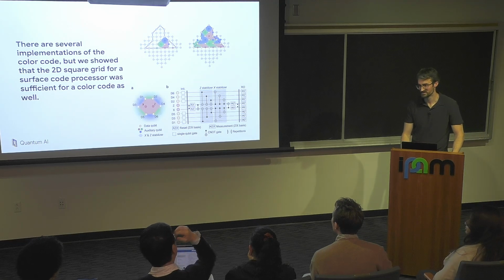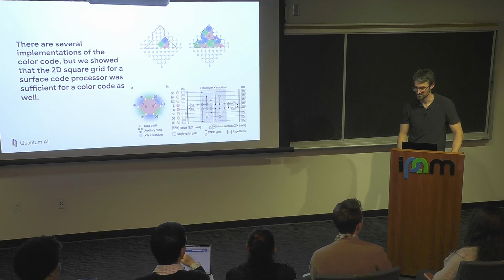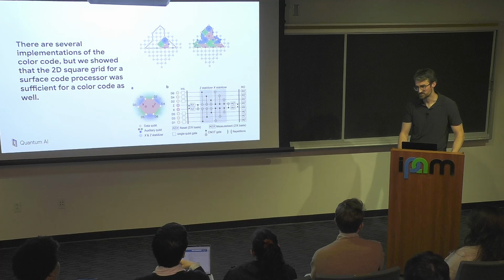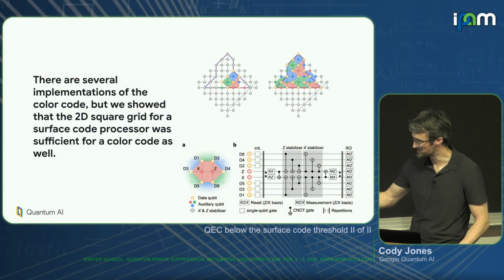Can you go down to a honeycomb type of, a heavy hexagon? As this gentleman was pointing out, there are graphs with 3-way connectivity that would support color codes as well, so-called trivalent graphs. There are trade-offs. Having lower connectivity means you have to build larger resource states to measure the stabilizer.